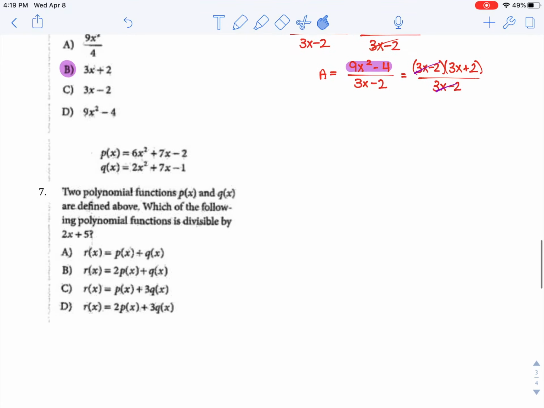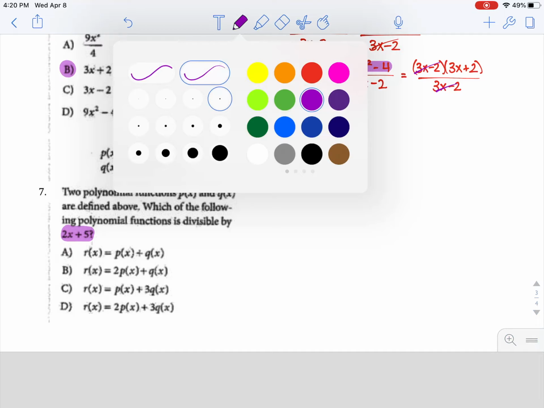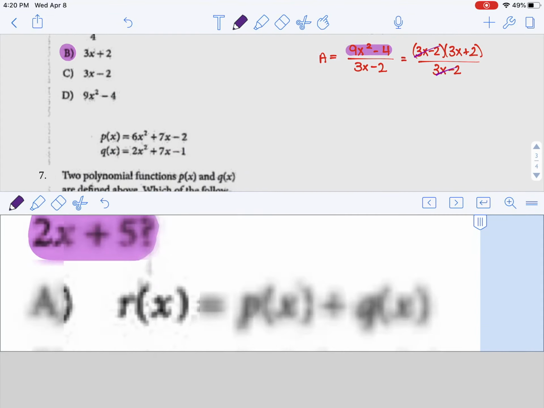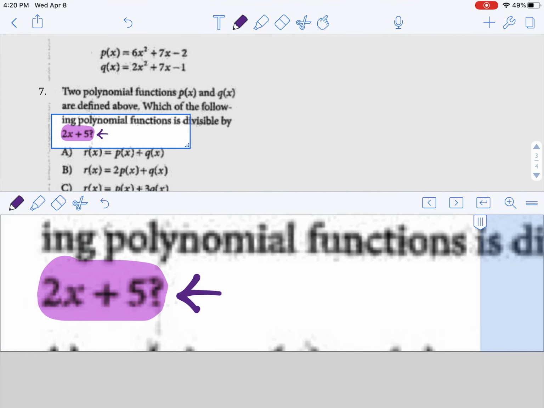All right, I'm just going to briefly explain number 7. It's not as bad as you would actually imagine. It's asking which of the following is divisible by 2x plus 5. All that means is that you want to be able to factor the polynomial, and 2x plus 5 should be a factor of the polynomial.